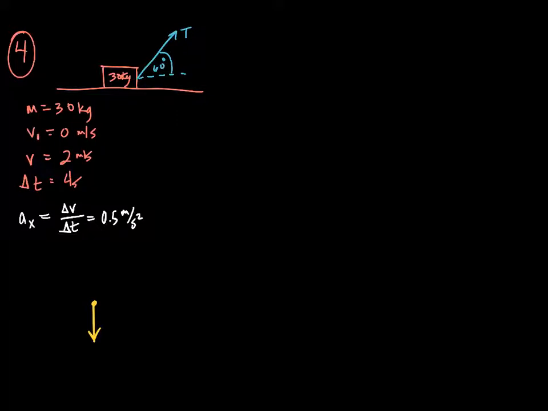So we know that there's a weight force down. We know that there's a normal reaction force straight up. We know that there's some friction moving against the tension.